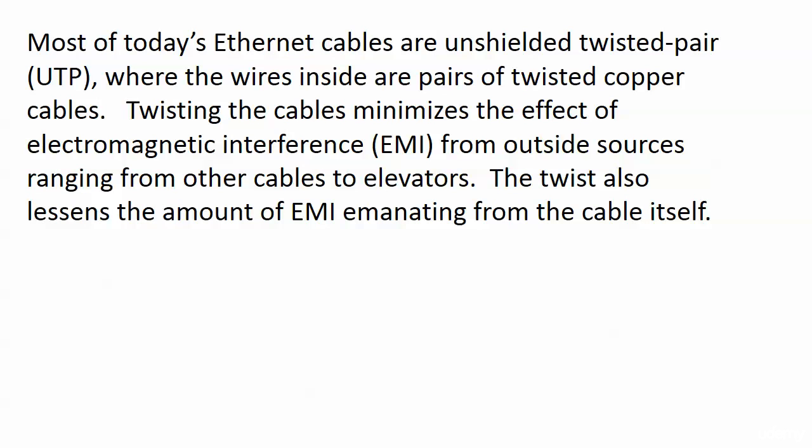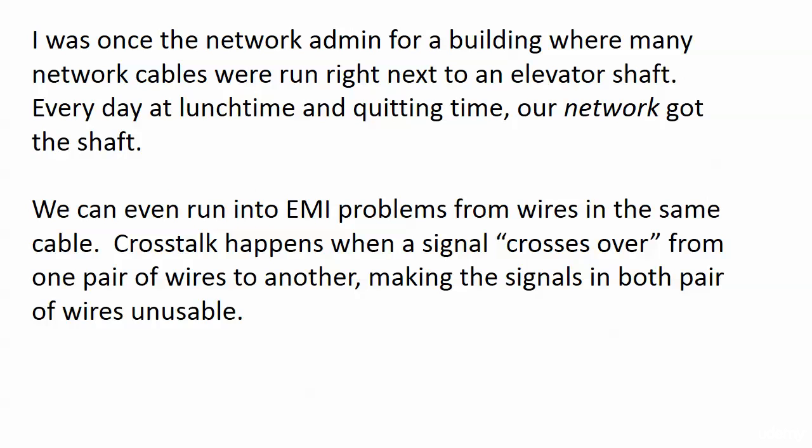Well, twisting the cables minimizes the effect of EMI, electromagnetic interference, from outside sources ranging from other cables, to other wires in the same cable, to actually elevators, believe it or not. And that twisting also lessens the amount of EMI that the wires are putting out. So it's stopping, or at least minimizing, the effect of EMI coming in and also preventing as much of it as we can from going out.